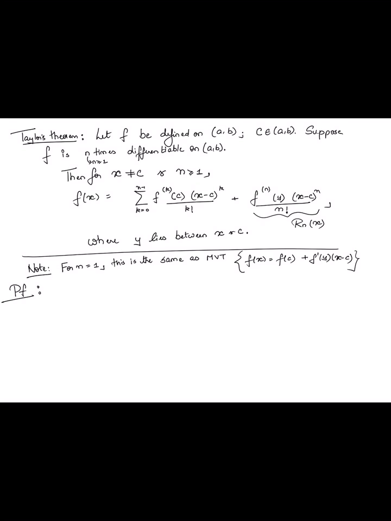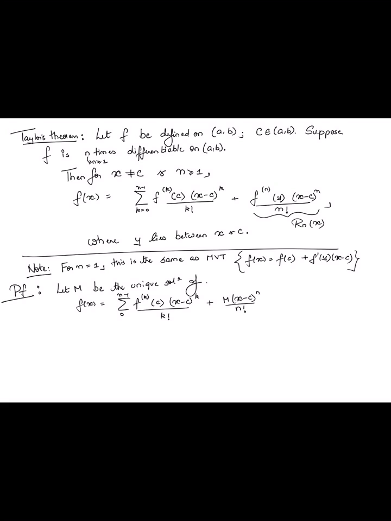Right, now first we say let M be the unique solution of the equation f of x is equal to the summation from 0 to n minus 1 of f^(k) of c (x minus c)^k by k factorial, that's your n minus 1th order Taylor expansion, plus M times (x minus c) raised to n by n factorial.